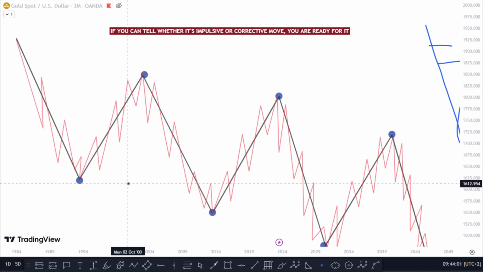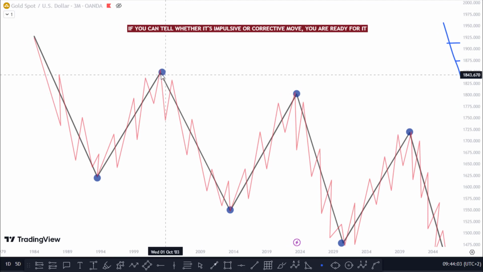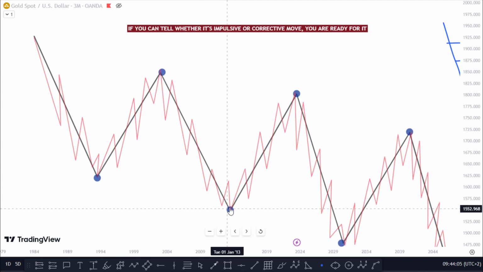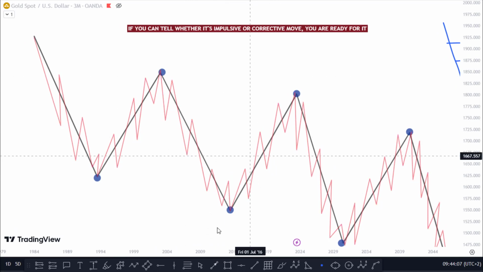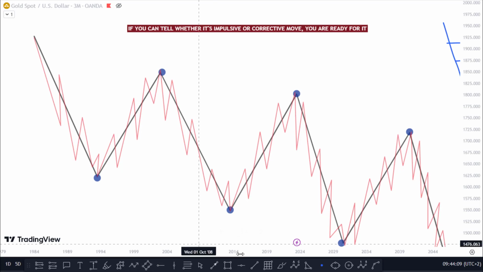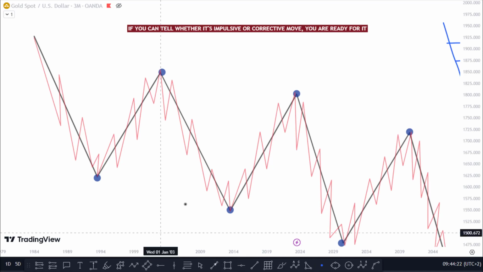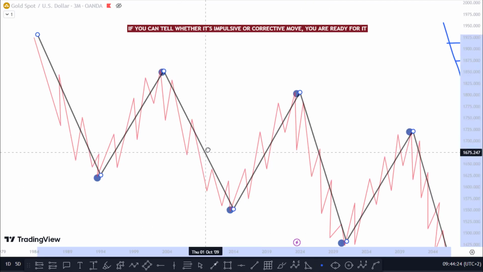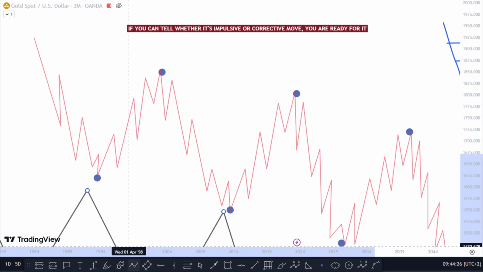So if you have an impulsive move here, this is going to be a corrective move. Please use a different time frame to study a corrective move. Hope you understand. So understand that if we ignore this structure, you can see how many trends we have.